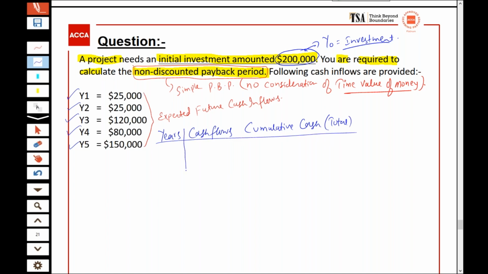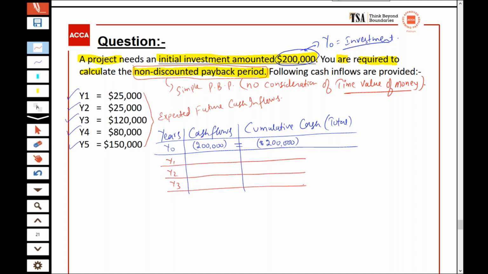Just focus on the calculation, how I am doing it here. Year zero, my cash flow is negative 200,000. So my total of $200,000 is in negative form. Now see year one, year two, year three, and so on.